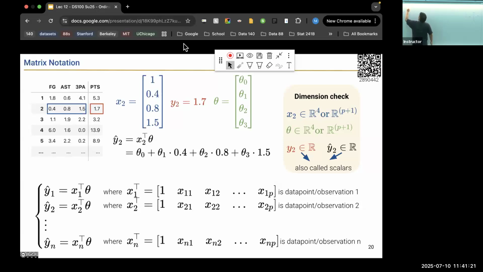I have my y1 hat. Let's write out x1 transpose. So there's going to be 1, x11, x12, dot, dot, dot, to x1p, times, and I'm going to write this a little weird, my thetas: theta naught, theta 1, theta 2, dot, dot, dot, theta p.